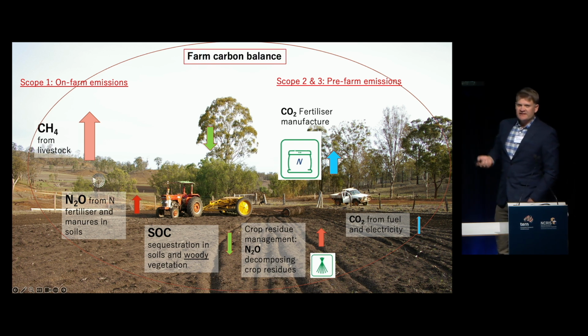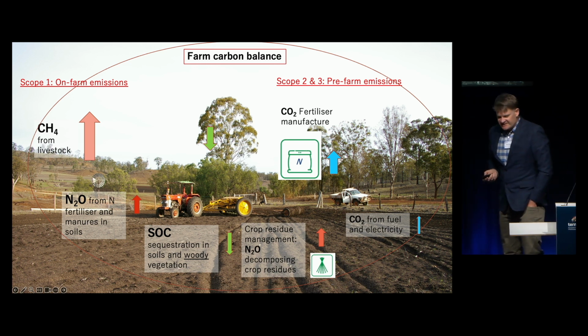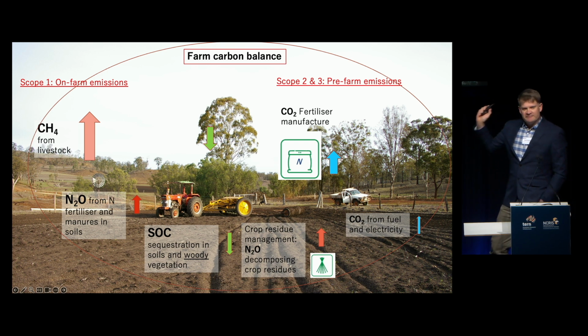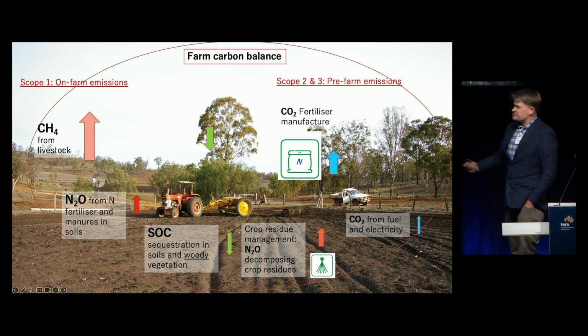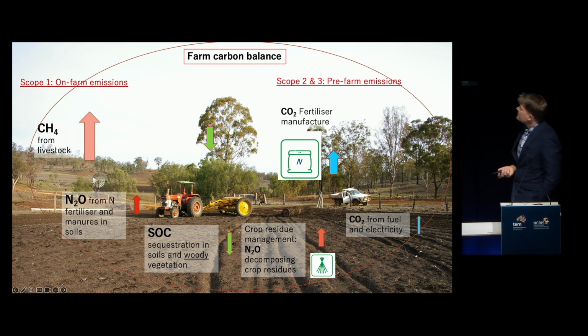All this stuff together, we can't look at these things in isolation, so this is all the things we need to capture. So it's very, very complex, and farmers are getting bombarded from multiple angles, and there's not a really good data repository, independent sources of information to really help them there.